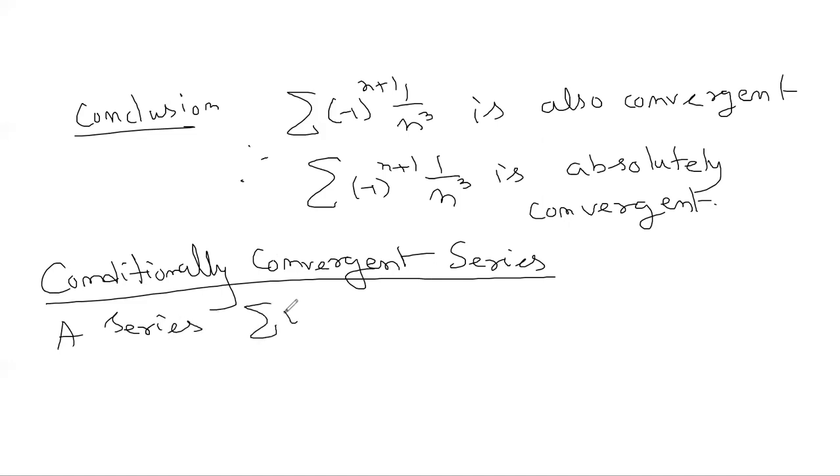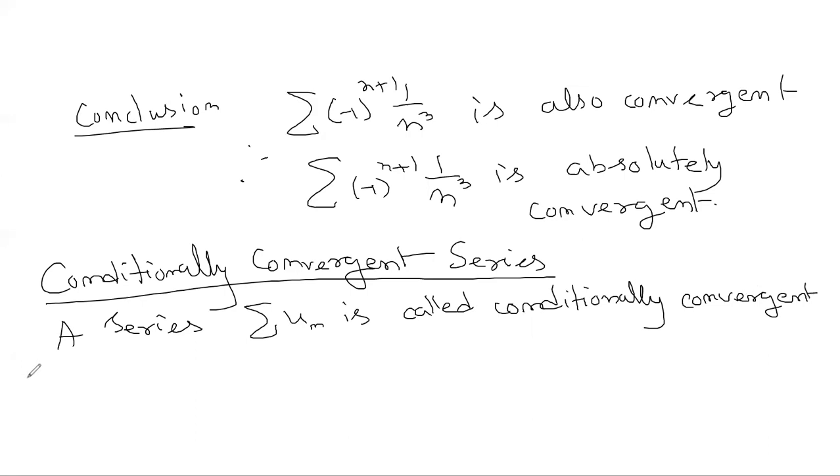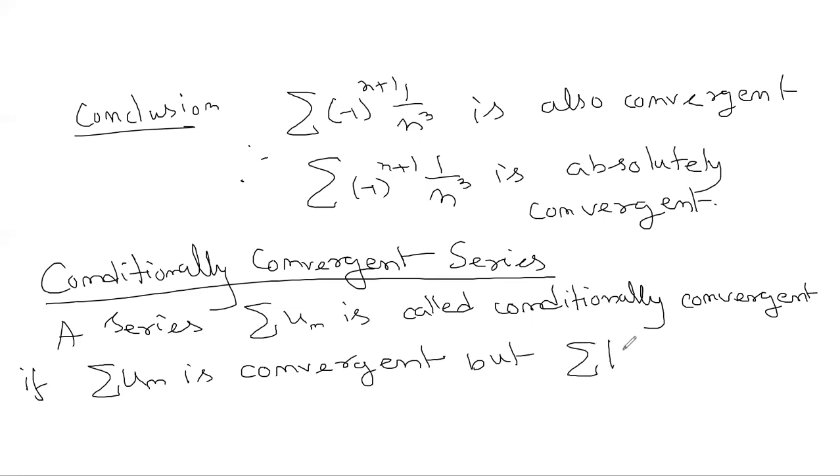A general series summation un is called conditionally convergent if the given series is convergent but its corresponding series of positive terms, that is modulus of un, is not convergent.